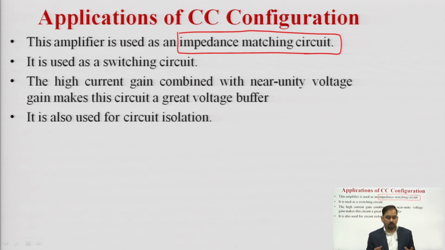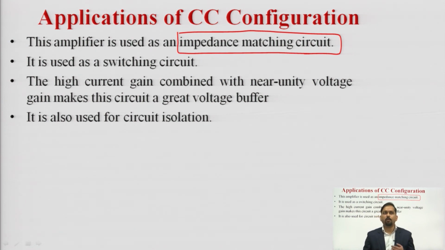Let us take the example of transmission lines, where our motive is to deliver the maximum power from the generator to the load. In between, we need to perform impedance matching, and only then will the maximum power be transferred. If there is no impedance matching, meaning the impedance of the output stage is not equal to the impedance of the input stage, then there will be reflection waves.